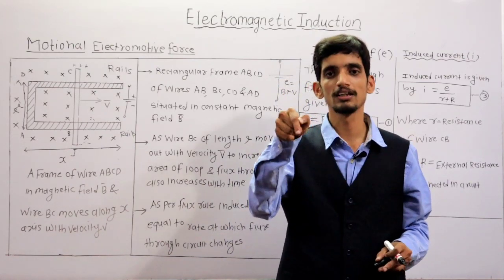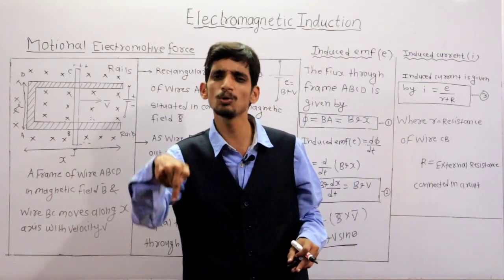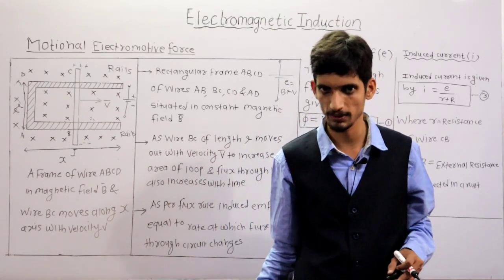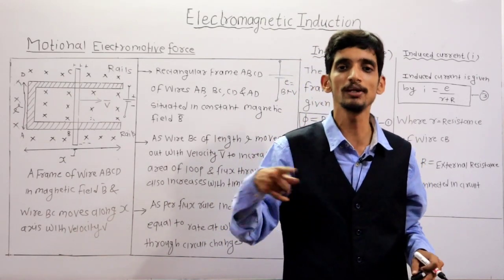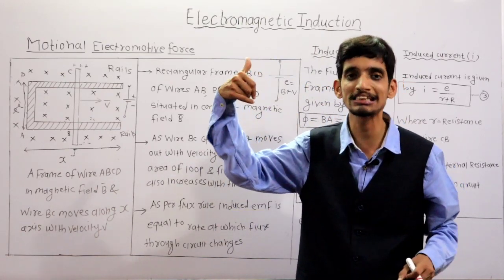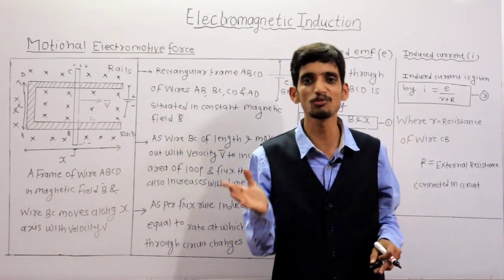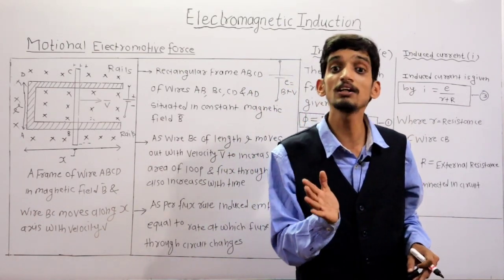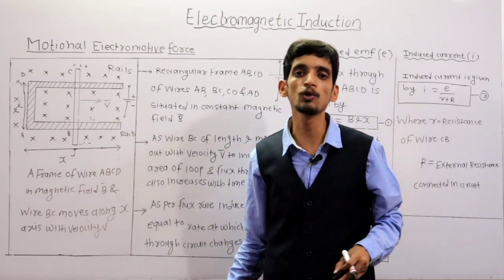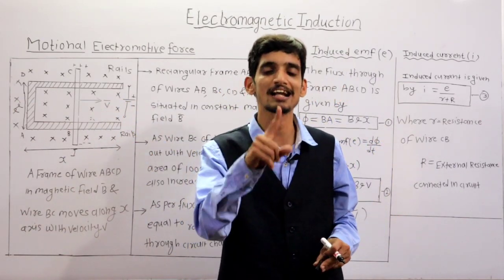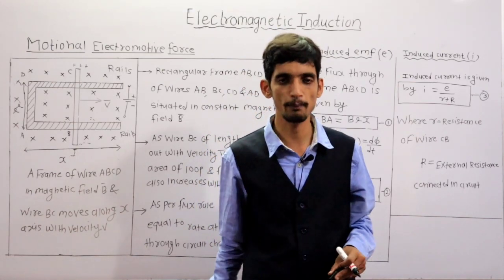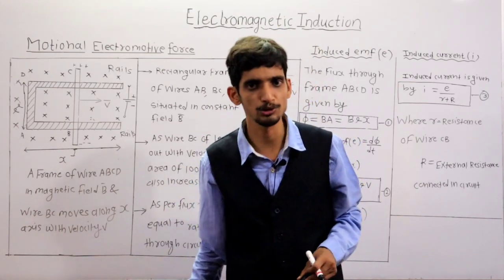But only if the circuit is closed can you talk about current. Otherwise, you can talk about EMF only, because for the flow of current there should be a closed circuit. That's why in Faraday's law we say EMF is induced, not directly the word current. Clear? Okay. So in this way you can determine the polarity of the induced EMF using the right hand palm rule. It is easier to apply the palm rule rather than Fleming's rule.